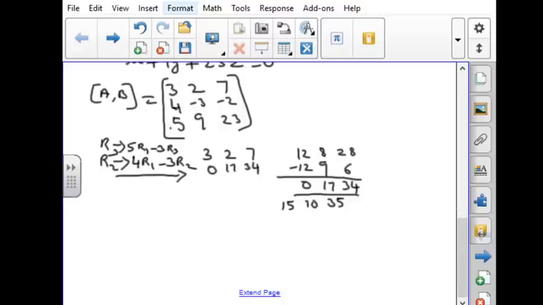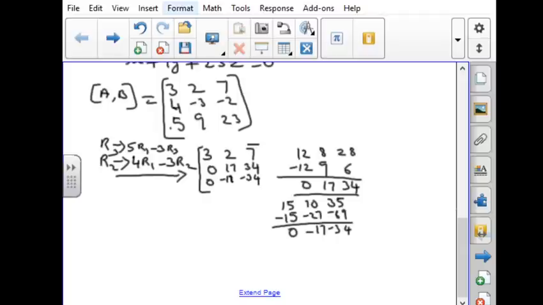Then minus 3R3: minus 15, minus 27 and minus 69. Now we add this: 0, minus 17 and minus 34. So it gives you 0, minus 17 and minus 34.